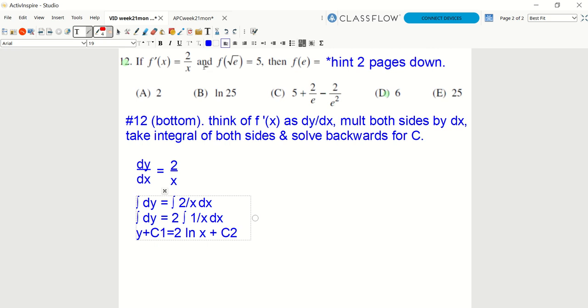Now, let's get y by itself. So I'm going to subtract c sub 1 from both sides, and this right here just becomes a big C.